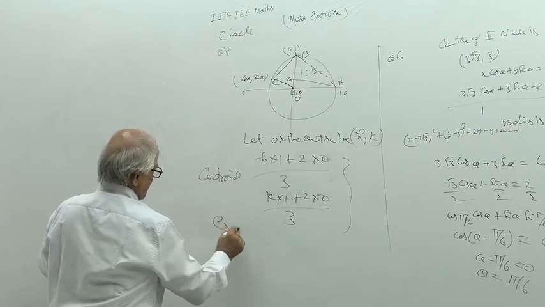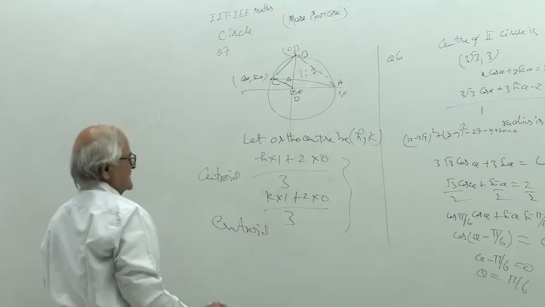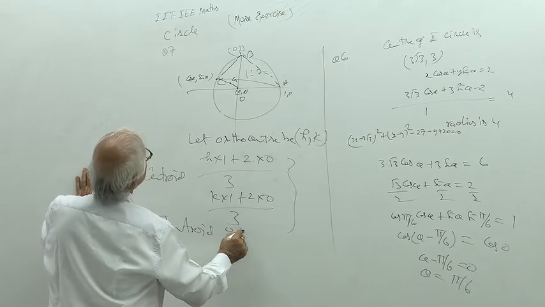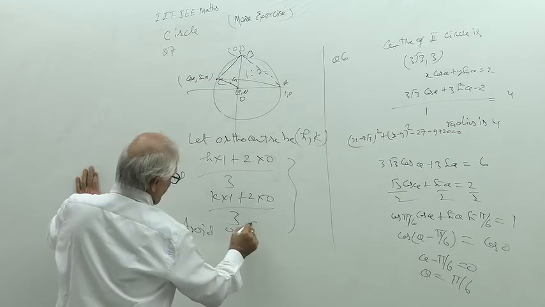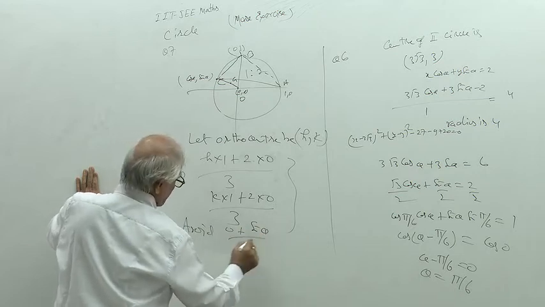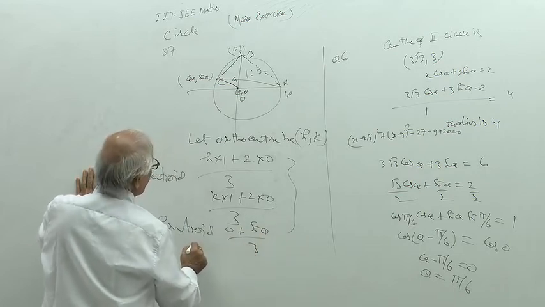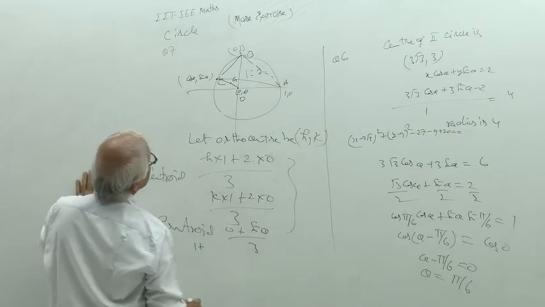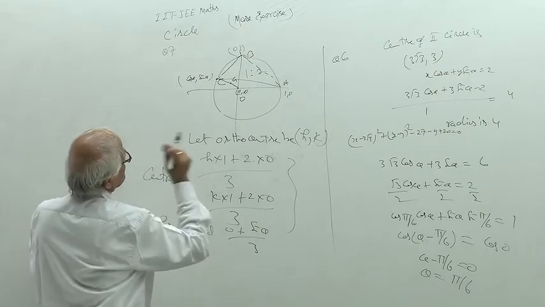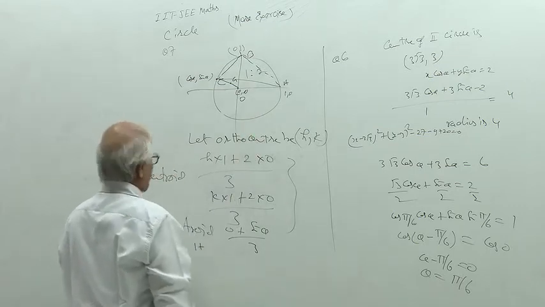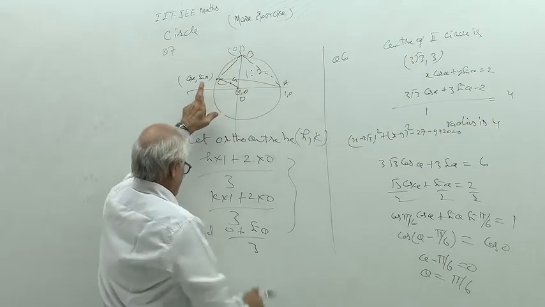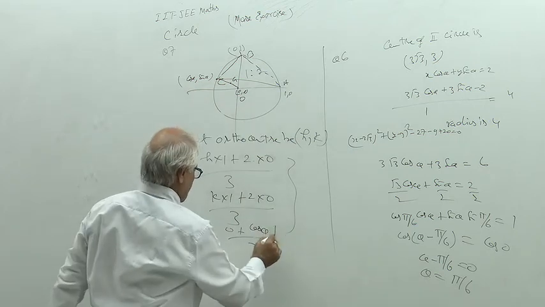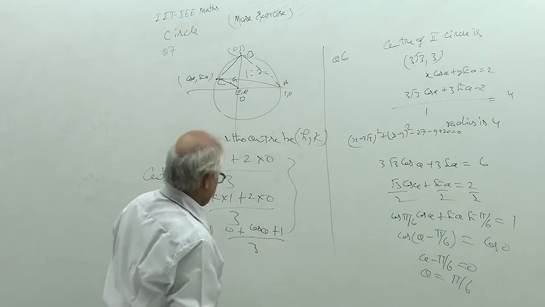But what is the centroid? We know the centroid is (0 plus 1 plus cos theta) over 3 and (1 plus sin theta plus 0) over 3.